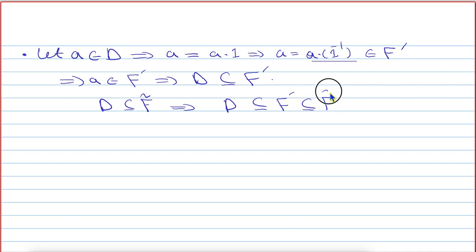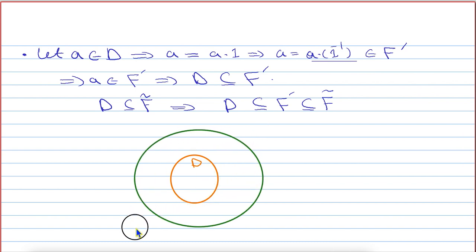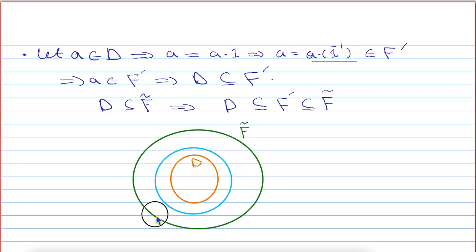To visualize this, if we have D here, and some F tilde containing D, then necessarily we must find F prime here.